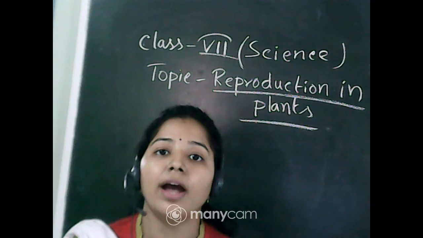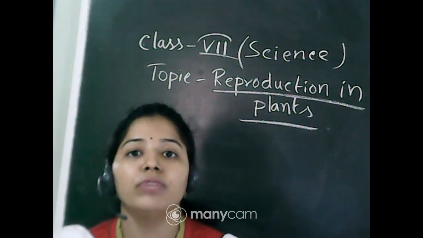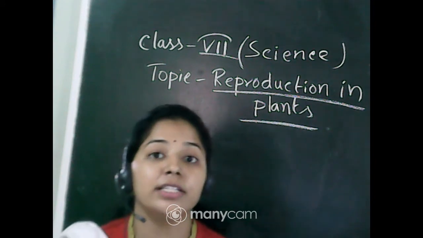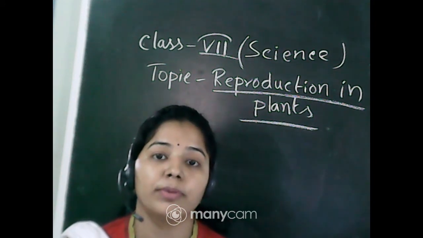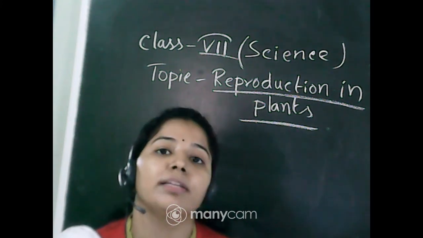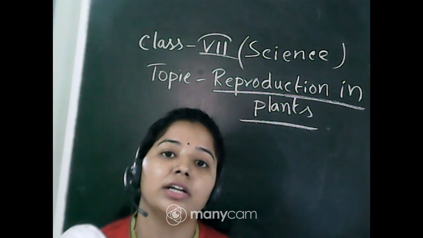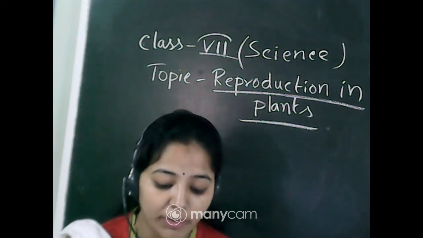Here you just have to be familiar with the term vegetative parts, as vegetative parts also take part in asexual modes of reproduction. So I have told you the vegetative parts of a plant are roots, leaves and stems. I hope you understood.